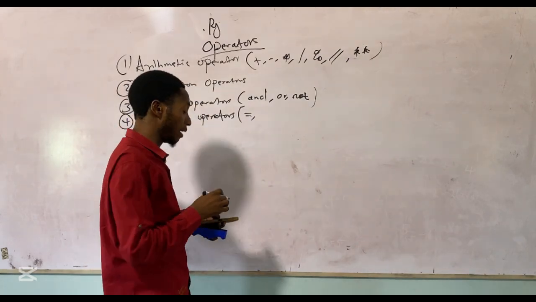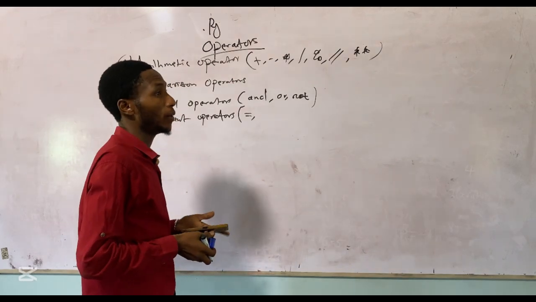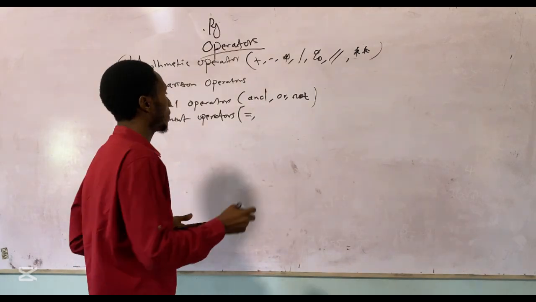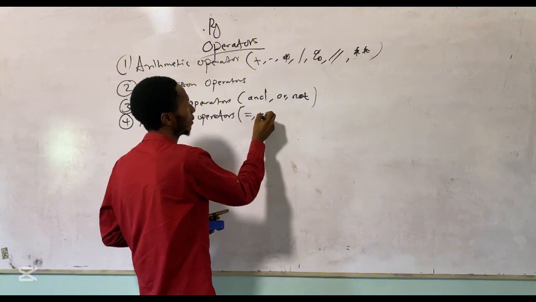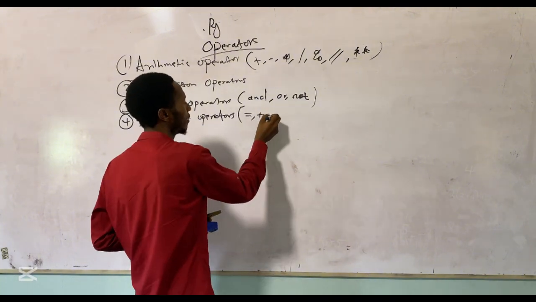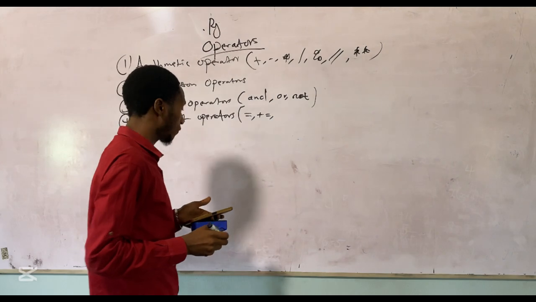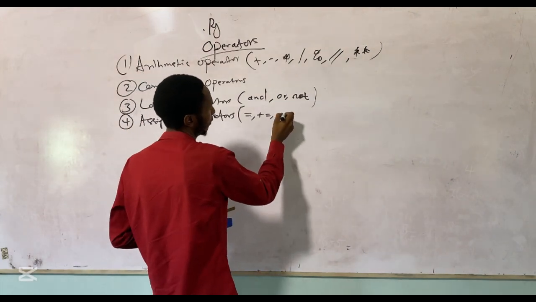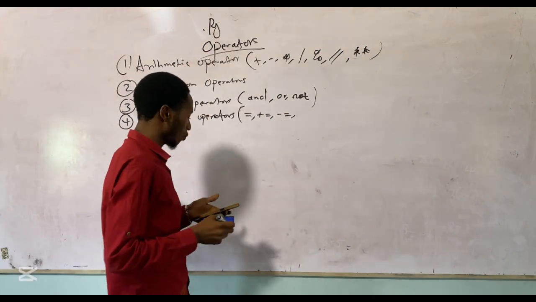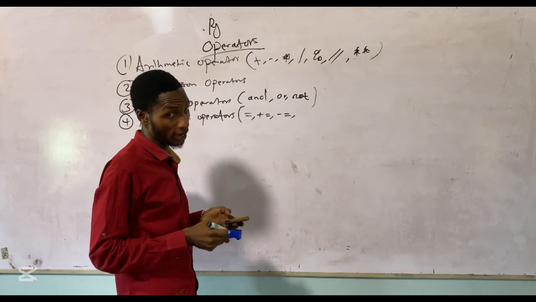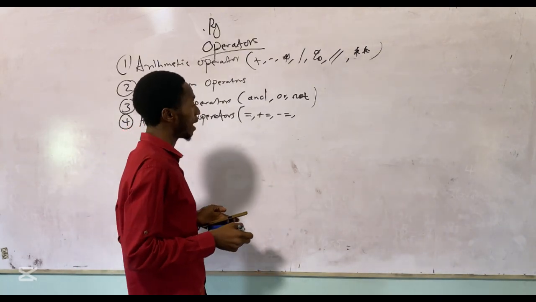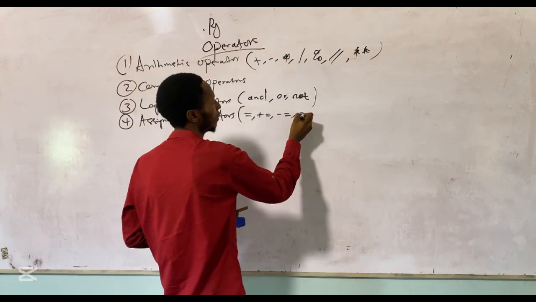Then we have the add and assign. This is add and assign. Then we have subtract and assign, multiply and assign, this asterisk is for multiply, and divide and assign.